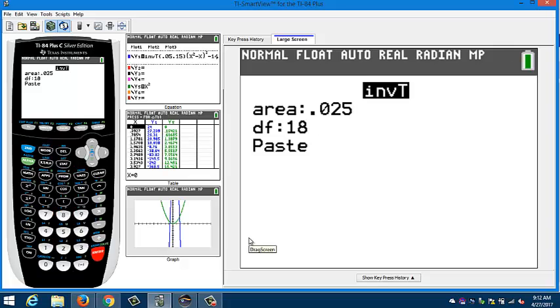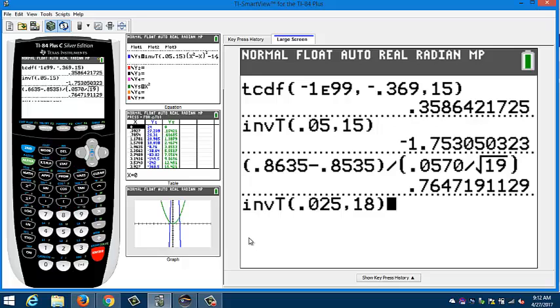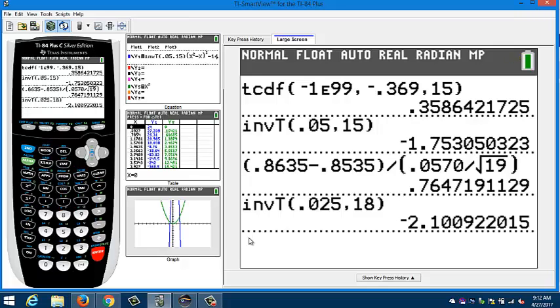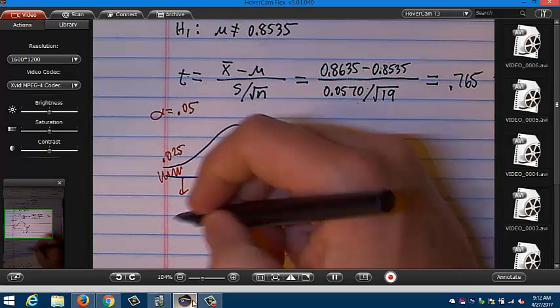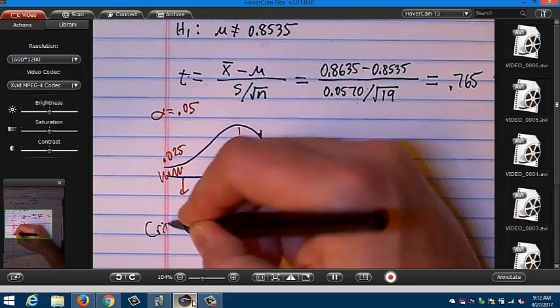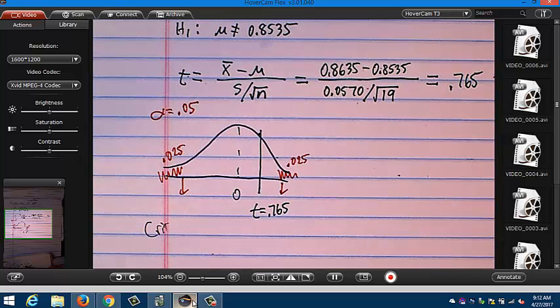Paste that in. Did you guys get a critical value of negative 2? Yes. Negative 2.1, I guess, right? Now, for the inverse, does it matter if it's negative or positive, or do you just say plus or minus 2.1? Well, see, here's the thing, we have that symmetry.